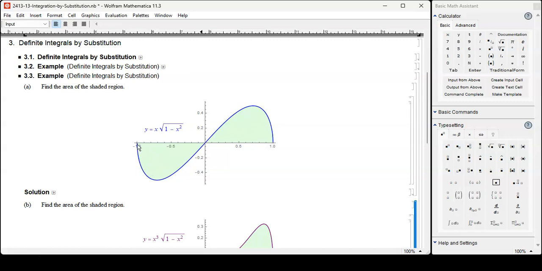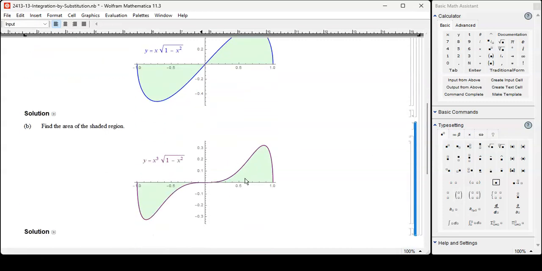So either you do this from -1 to 0 and 0 to 1, and then get positive values and add them up, or just find the integral from 0 to 1, this part, the right-hand side part, and thus double it. Same thing here. Calculate only this part, the definite integral from 0 to 1 of this, and then double it.